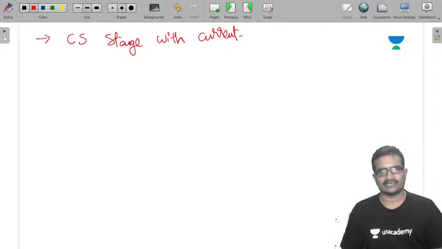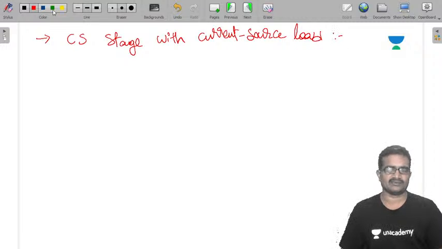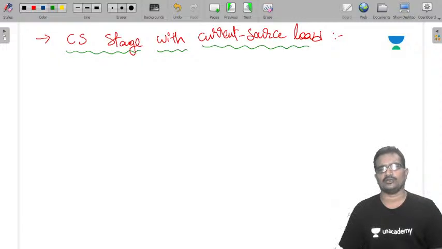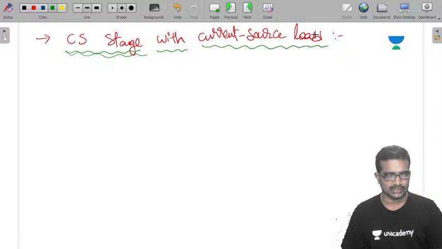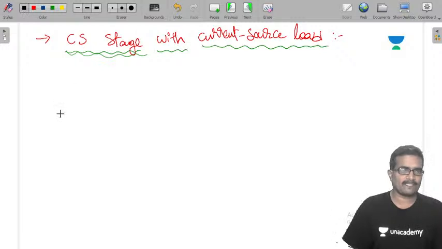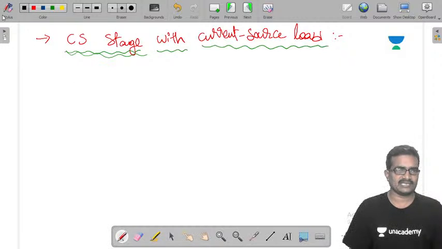So you can expect this type of problems in your GATE exam. Regular common source, common drain, common emitter and common gate amplifiers are over. Now you can expect these things with current source load, common source stage with current source load. It means the circuit is like this.